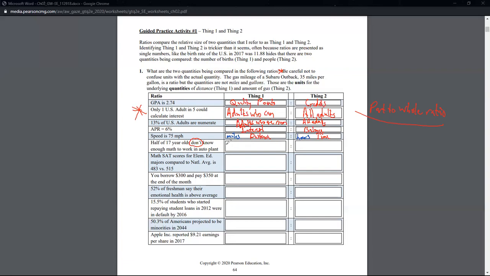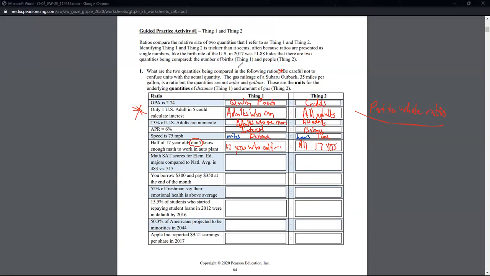So the 17-year-olds who can't, I don't have enough space to write all that, who can't do enough math or don't know enough math, to all. Now, it's not all people, it's all 17-year-olds. That looks like a 117-year-old. All 17-year-olds. There we go.